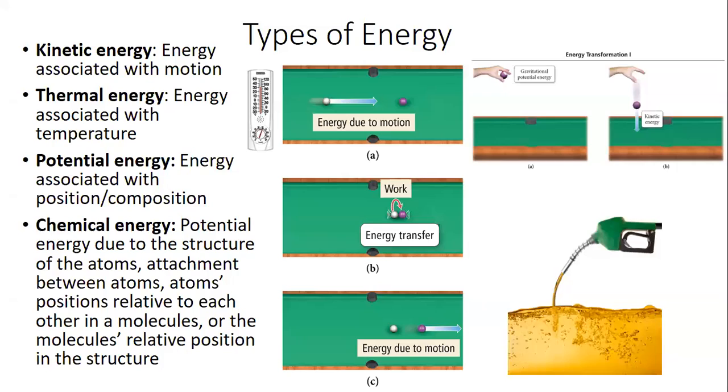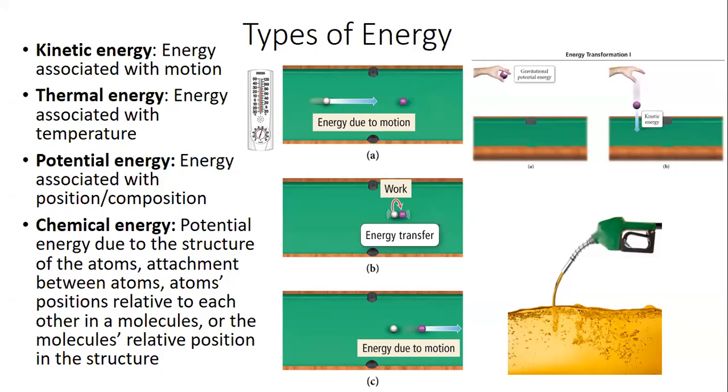All right. Last type of energy, though, and I can't describe this by doing motions, is chemical energy. So chemical energy is really potential energy, but it's potential energy due to atoms being bound. So gasoline is the easiest example for this.